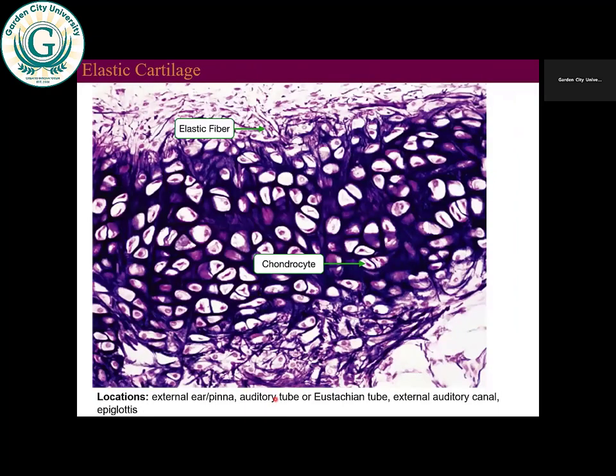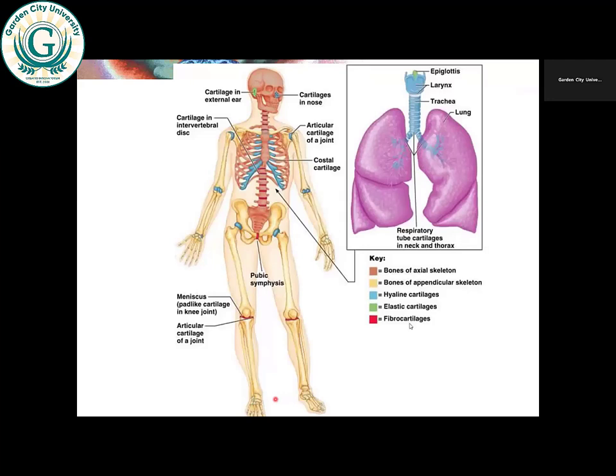When I do it this way, maybe you may not appreciate it. So let me use the one that is a diagram. So we are looking at hyaline cartilage. They call it blue. So all those places that you see blue are all hyaline cartilage. So they are showing the thyroid cartilage, the trachea, the bronchi. They are hyaline cartilage.